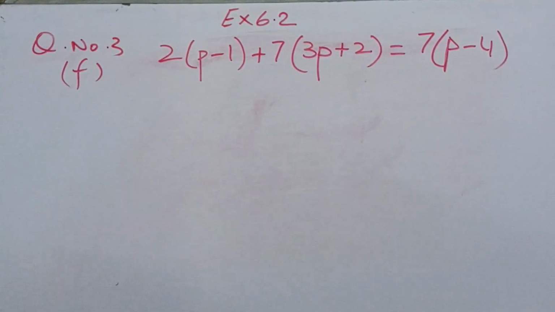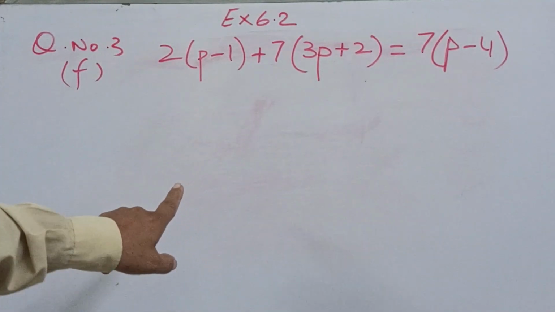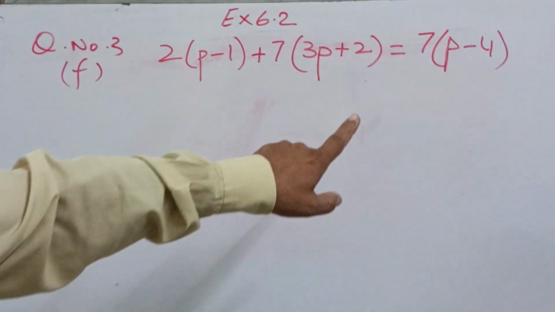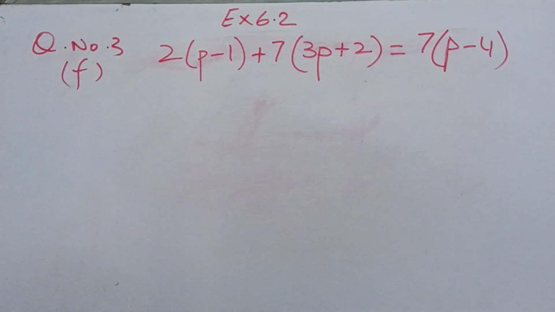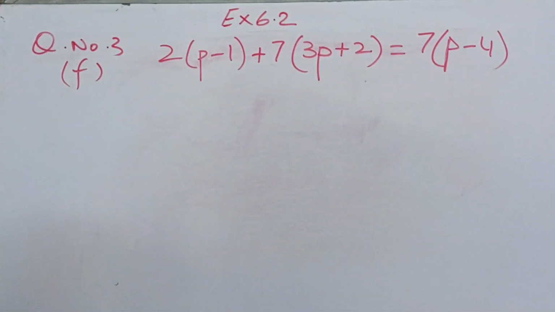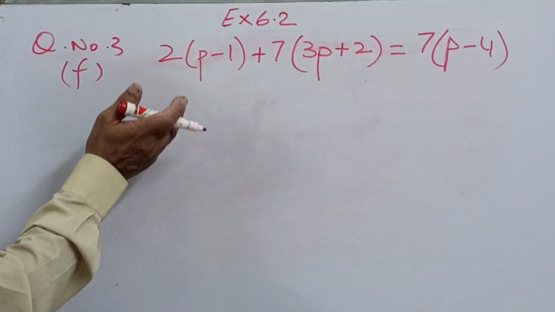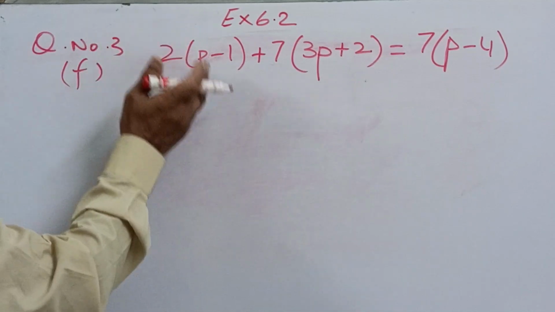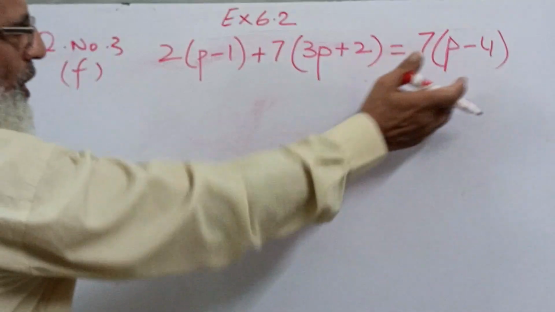Let me check it. 2(p minus 1) plus 7(3p plus 2) is equal to 7(p minus 4). Now you see that all the brackets are unsolvable. So we will multiply the things in the brackets with the things outside the brackets, all of them.